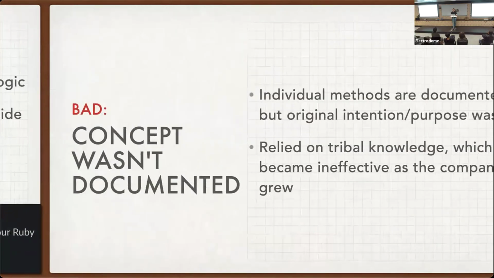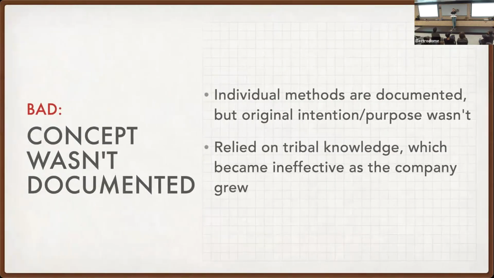And I think the reason why we ended up in that situation is that the concept was never documented in the early days. So if you look at the module right now, you will see documentation for all of the individual methods, but the concept of what is a command supposed to be and what isn't it, that was never written down until very recently. And we relied on tribal knowledge within the company to spread that knowledge around.